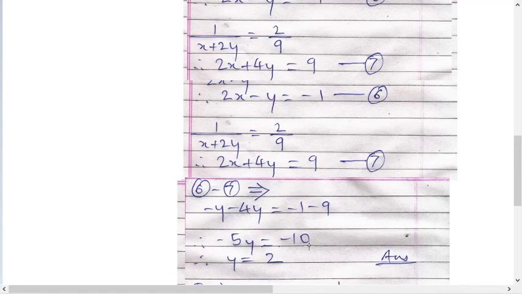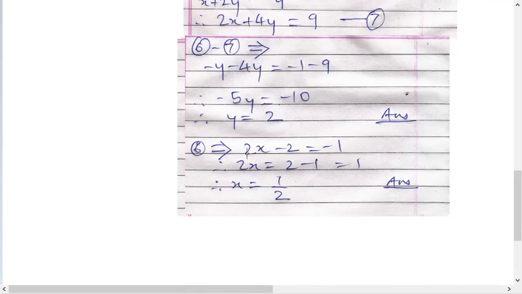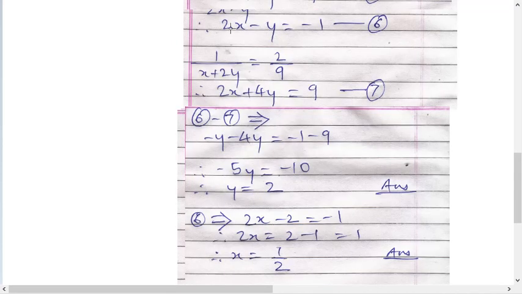Put this in 6, you get 2x minus 2 equals to minus 1. What is 6? This 2x minus y equals to minus 1. Therefore 2x equals to 1, so x equals to 1 by 2. So x equals to 1 upon 2 and y equals to 2.